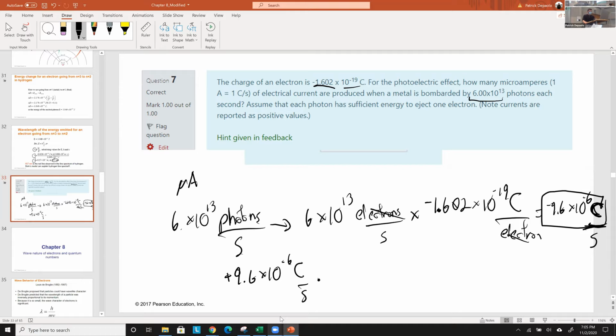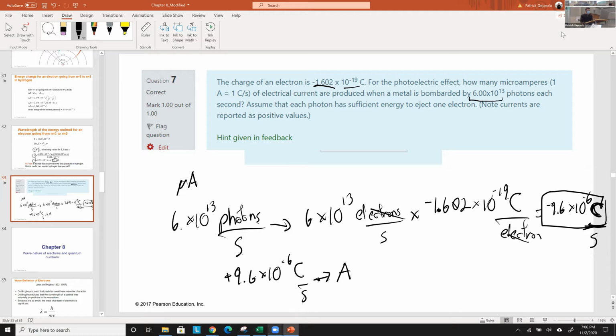So we just convert. Honestly, it's an easy conversion. If this many coulombs per second is equal to amps, we have 9.6 times 10 to the negative 6 amps. So how many microamps is that? Remember micro, what does that mean?